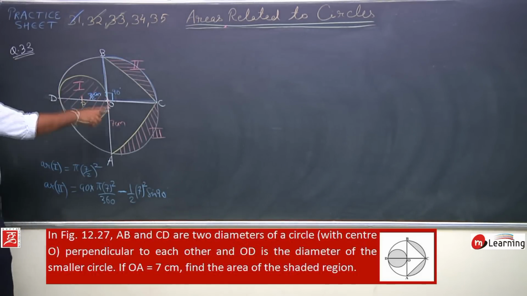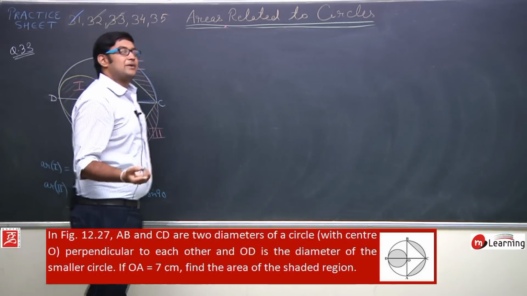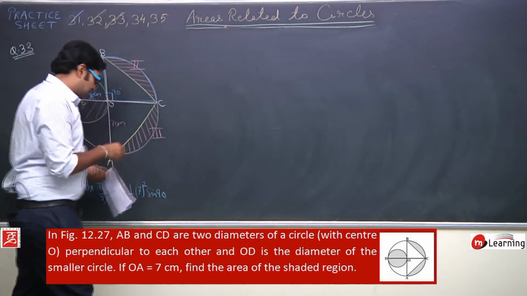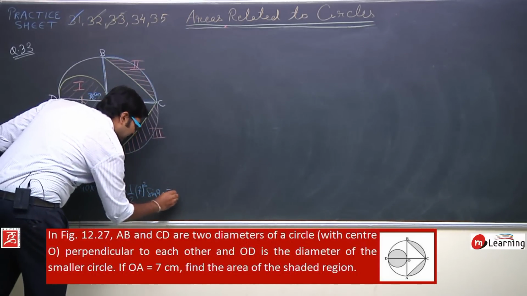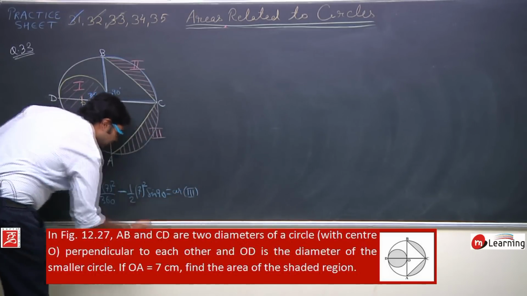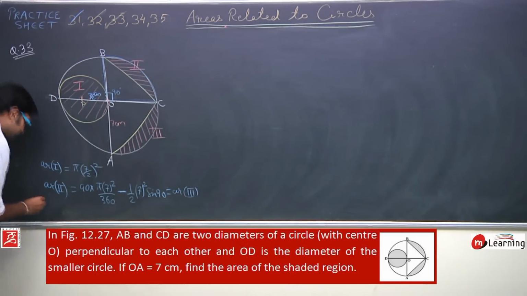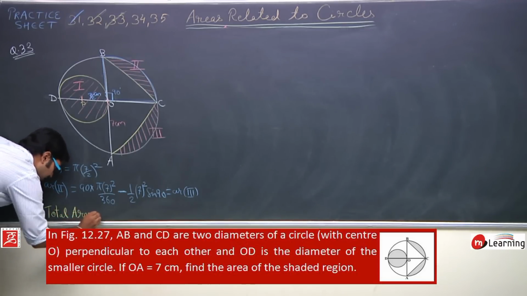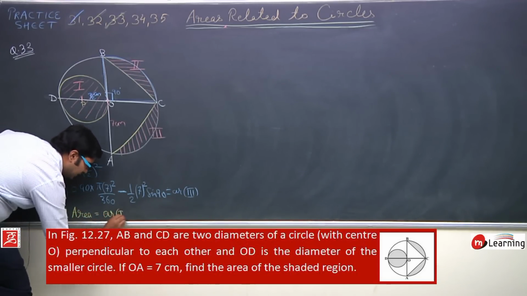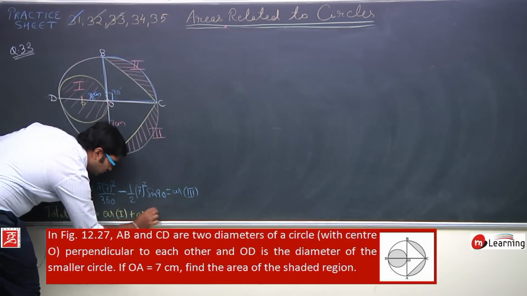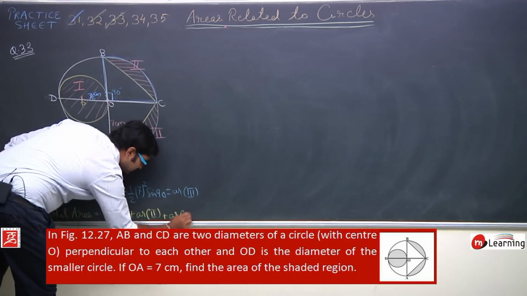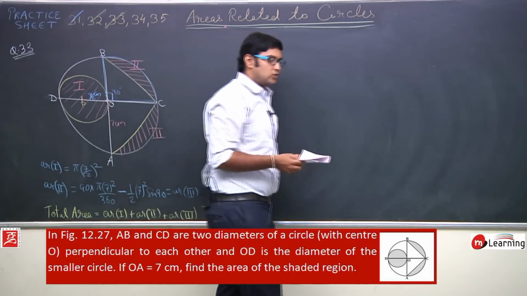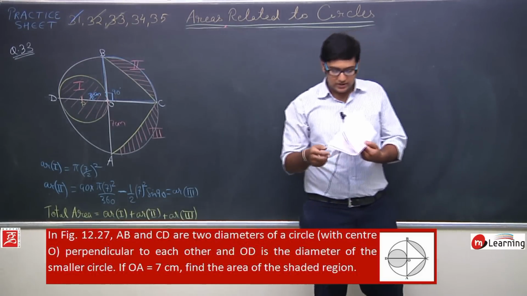Similarly, since region 2 and region 3 look symmetrical, the area of region 2 is equal to the area of region 3. So I will say the total area will be equal to the area of region 1 plus the area of region 2 plus the area of region 3, because region 2 and region 3 are segments of the circle.